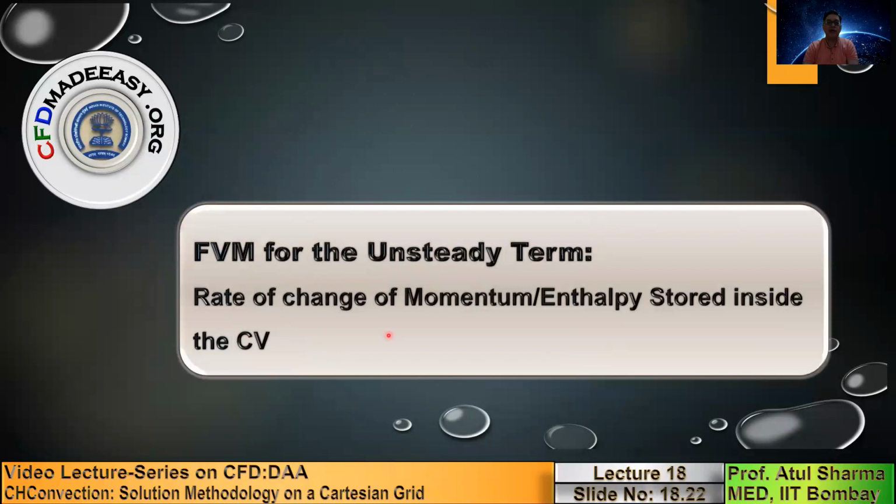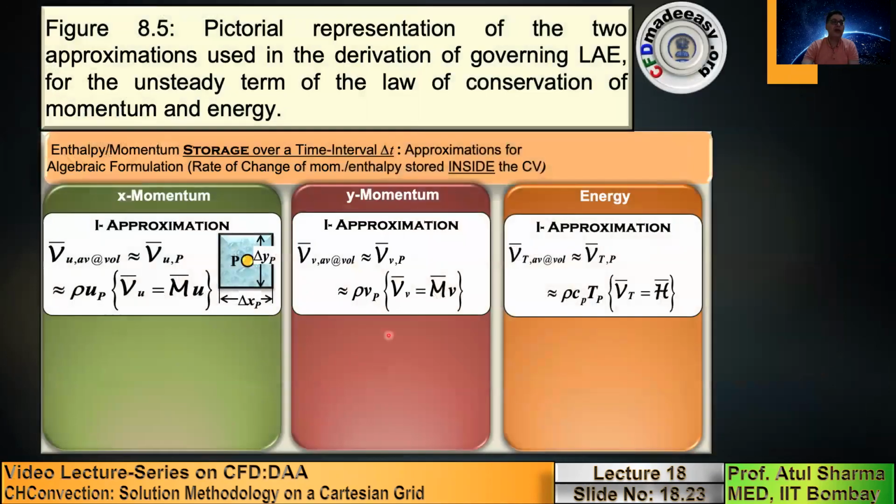Let us start with the first term, that is the unsteady term, the rate of change of momentum or enthalpy stored inside the control volume. So using the generalized formulation, instead of phi, as I mentioned, if we use u, in the first approximation, this is a volume. Vu is actually the x momentum per unit volume, which is density multiplied by the u velocity.